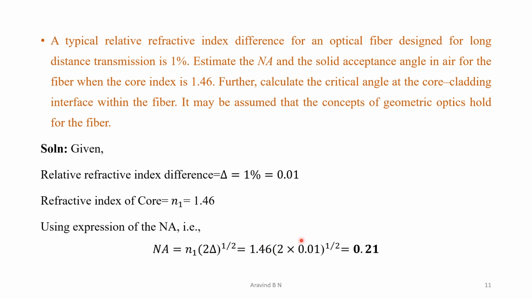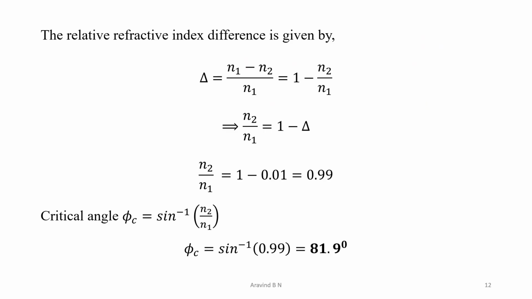So one parameter is calculated. Second, we need to calculate the critical angle. The relative refractive index difference is given by delta equal to (n1 minus n2) divided by n1. With a little simplification, we can write it as n1 by n1, that is 1, minus n2 by n1.